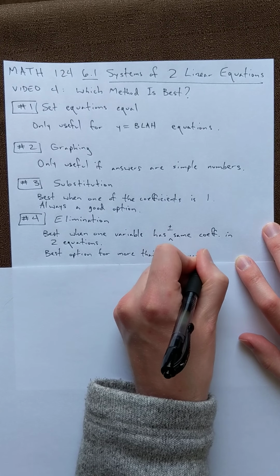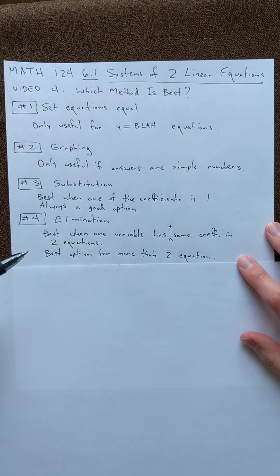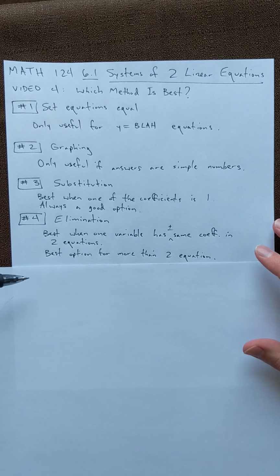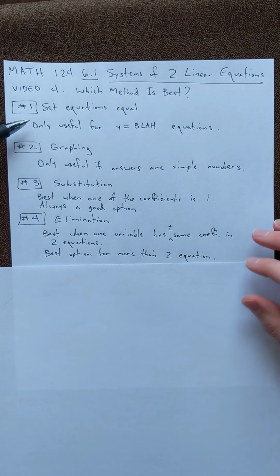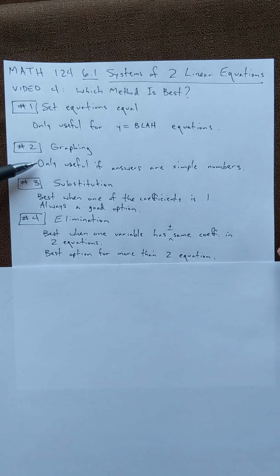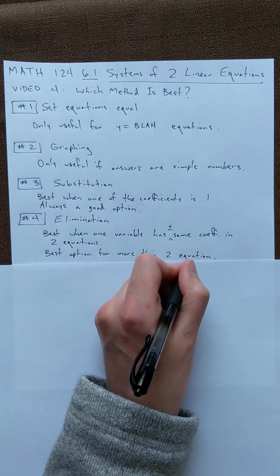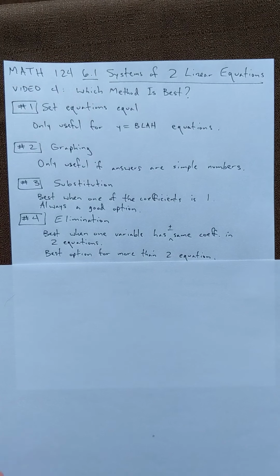We would still have the same set of methods, but elimination is going to be the one that's least complicated when you add more equations into the mix. Setting equal is essentially impossible when you start adding an extra equation. Substitution just gets really annoyingly complicated because there are so many equations in so many different places. Turns out elimination doesn't really change. It's exactly the same. I'm not really going to go into that, but I'm just mentioning that there are reasons why we talk about elimination.